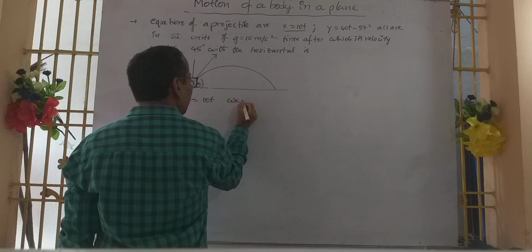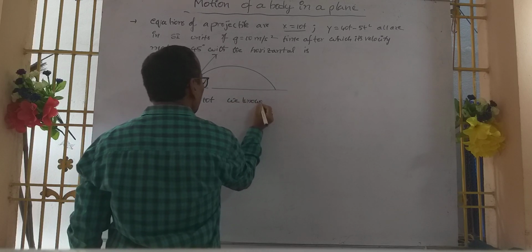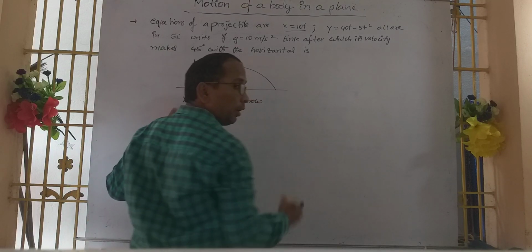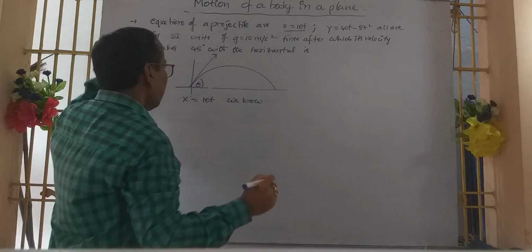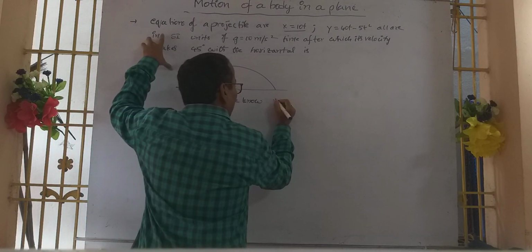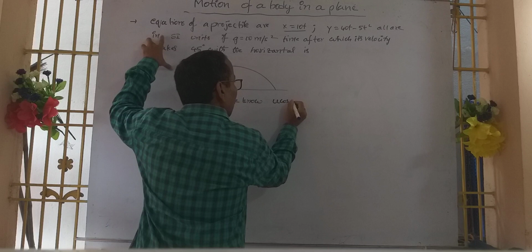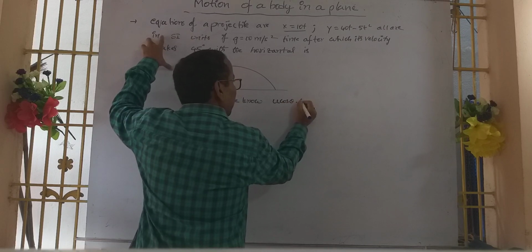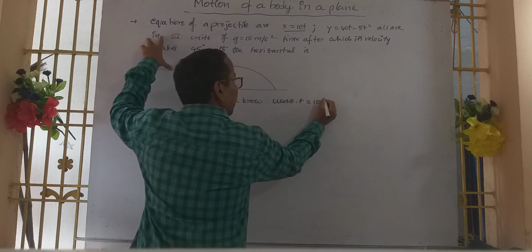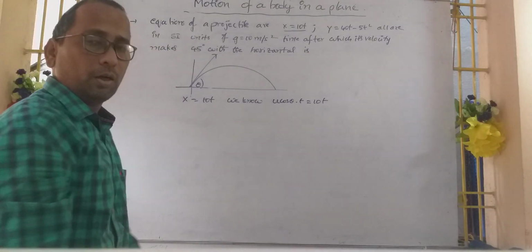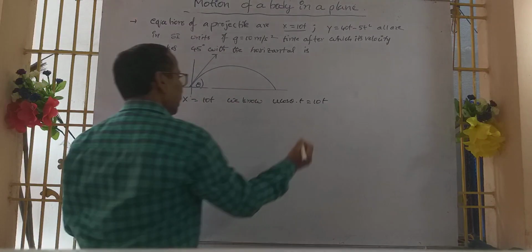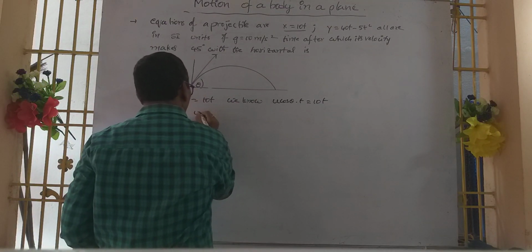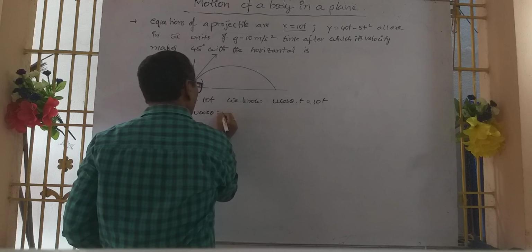We already know that horizontal distance is x. That's why u cos theta into t is equal to 10t. Then t gets cancelled here. u cos theta is equal to 10.